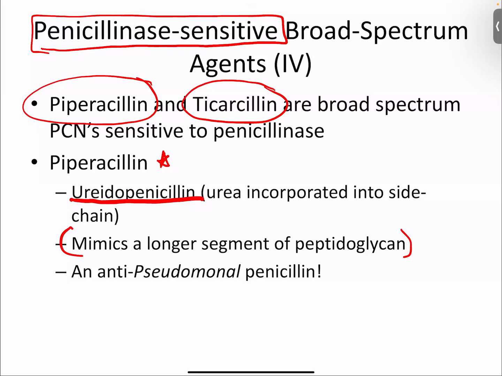Pseudomonas has very finicky, very picky porins. Ironically, the structure of piperacillin is very extensive. It's long and water soluble, and it tricks these porins into thinking that it's something useful. As such, it passes through the porins and can inhibit the penicillin binding proteins in Pseudomonas, provided they are not expressing the right beta-lactamase, because they are sensitive to beta-lactamases.